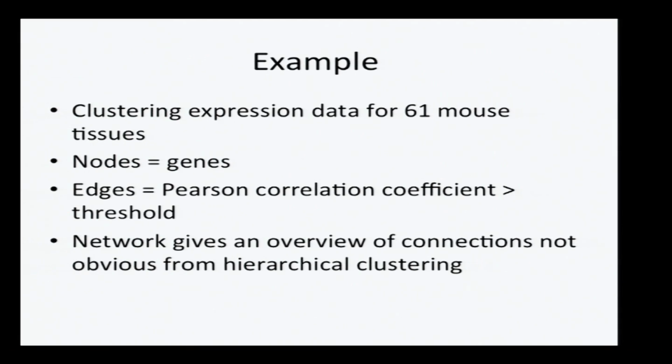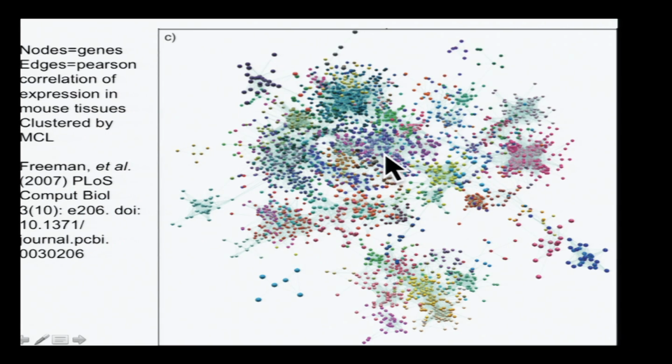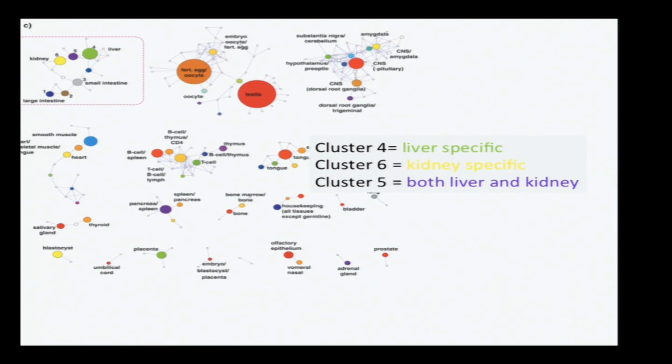And it's also been done with a network where the underlying network represents gene expression, and edges between two genes represent the degree of correlation of the expression across a very large data set for 61 mouse tissues. And once again, you take the overall graph and you can break it down into clusters where you can find functional annotations for specific clusters.